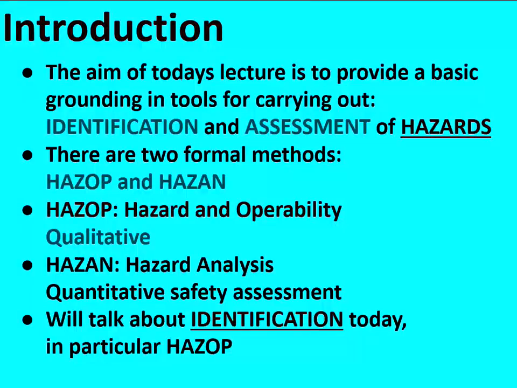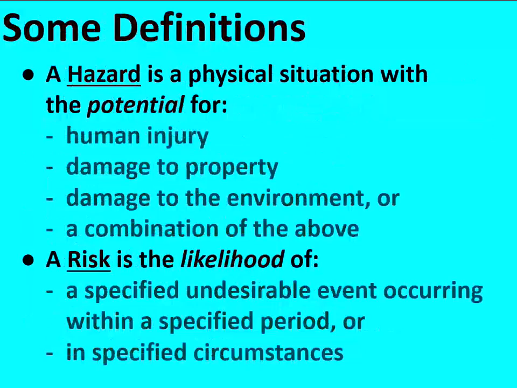Hazard analysis, well, once you've identified your hazard, you'll want to assess it. We're not going to formally assess the hazards, but we'll just consider what they are and what we're going to do about it. In a real hazard study, you might go on and do formal hazard analysis of things. So we're just going to talk about identification today, in particular just hazard.